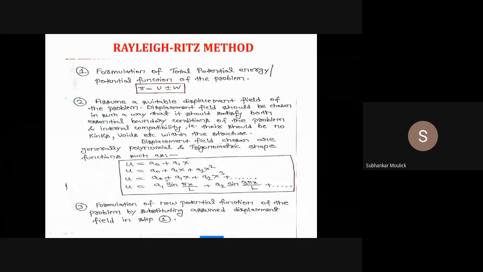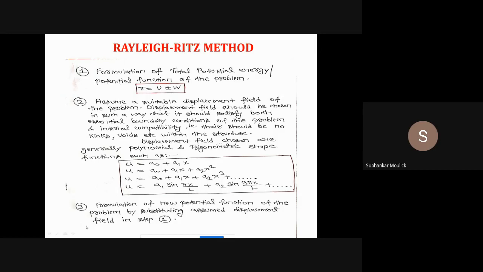Third step. Now, if you remember the weighted residual method, we were having four methods. The first one was the least square method. Second one was point collocation method.